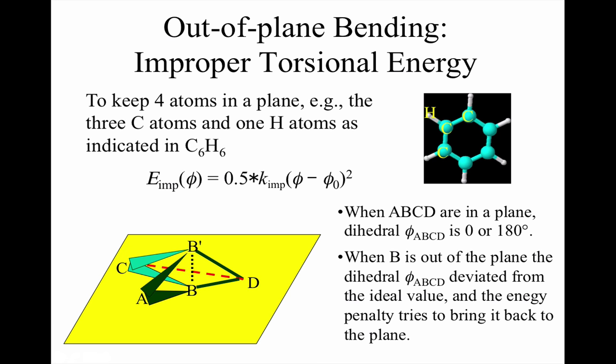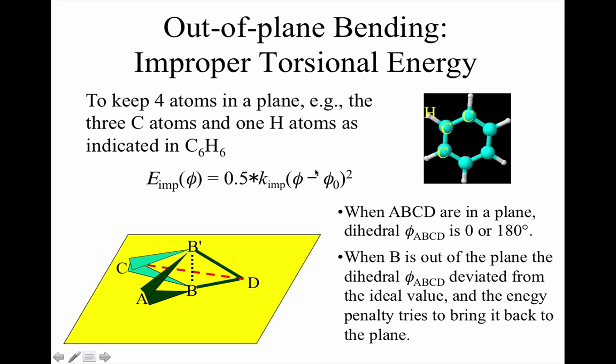Therefore, if we know due to aromaticity that molecules are planar, what we do is that we impose an energy function called an out-of-plane bending or an improper torsional energy function, and this is a harmonic potential again, defined by this equation here. You should understand this equation in the way that the phi here is the dihedral angle made up of the C atoms and maybe the hydrogen atom up here.